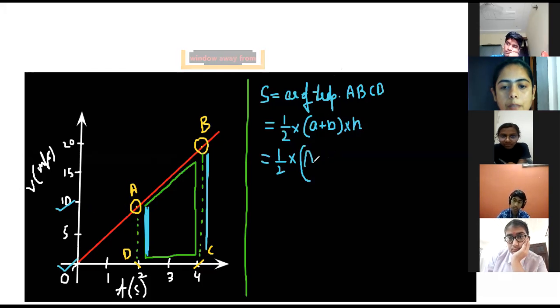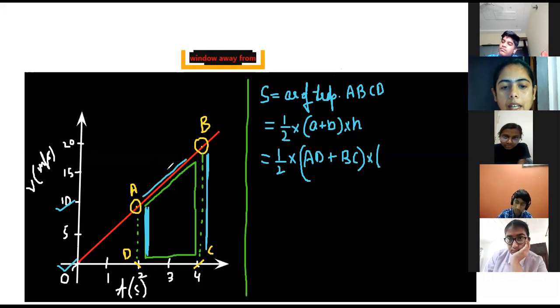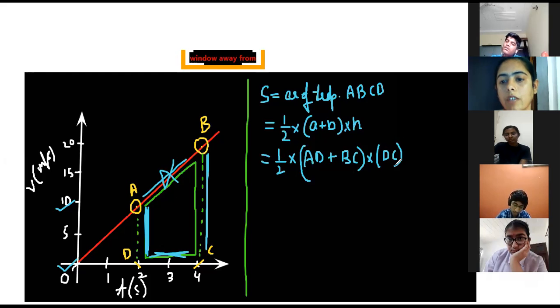So first parallel side is AD plus second parallel side is BC, multiply by the height. Height we never take the slanting. Slanting height is not taken. So we will not take this. We will take the straight one. That means we have to take DC. Slanting will not give you the exact value. Fine. So we take DC.